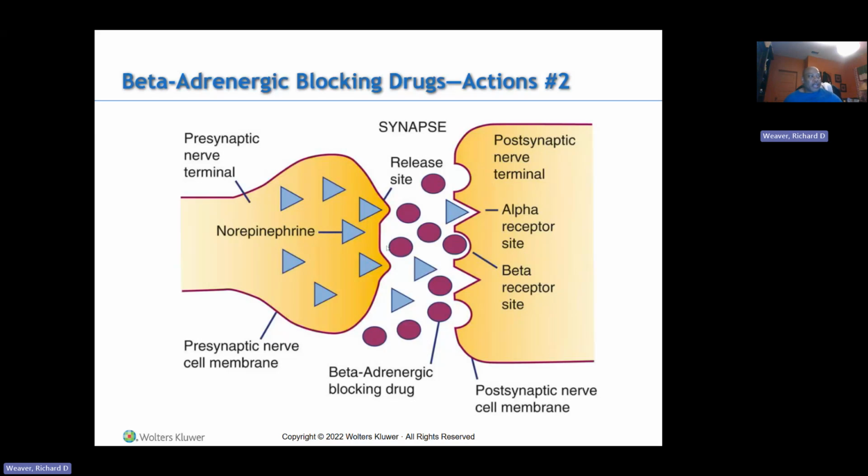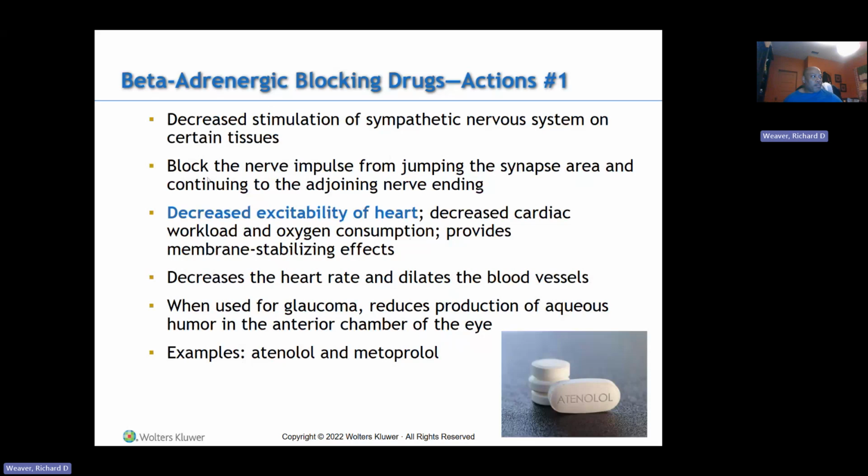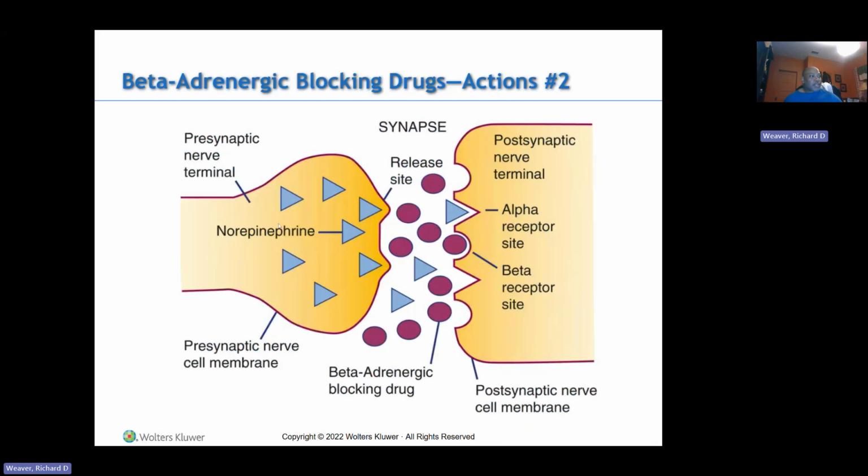So what happens is when it talks about on the previous page, let me go back, where it talks about block the nerve impulse from jumping the synapse area. What it's basically talking about is, these are the synapse areas, right? And it goes from one nerve to the next nerve to the next nerve to the next nerve until it gets to the organ itself.